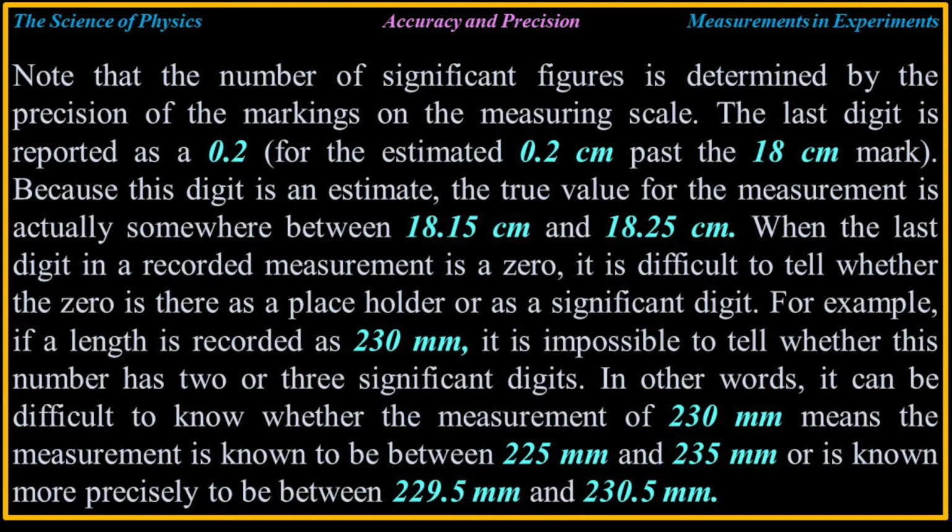In other words, it can be difficult to know whether the measurement of 230 millimeters means the measurement is known to be between 225 millimeters and 235 millimeters, or is known more precisely to be between 229.5 millimeters and 230.5 millimeters.